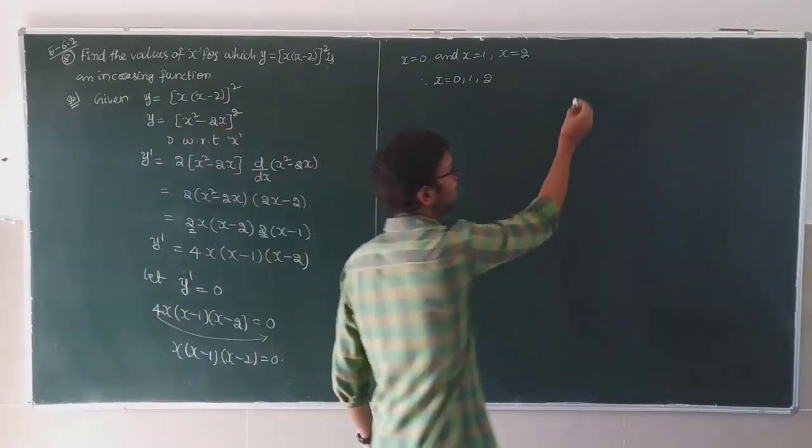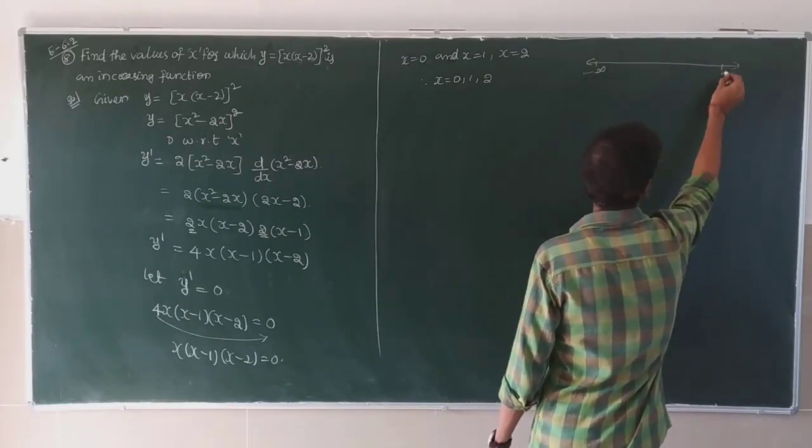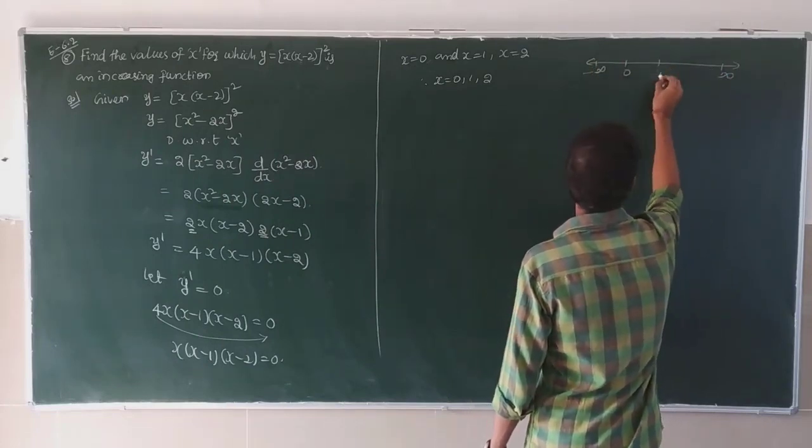Take the real line, minus infinity to plus infinity, with points 0, 1, 2.